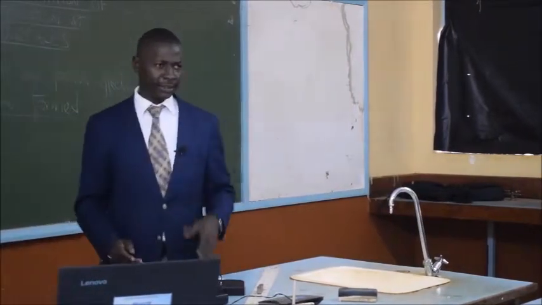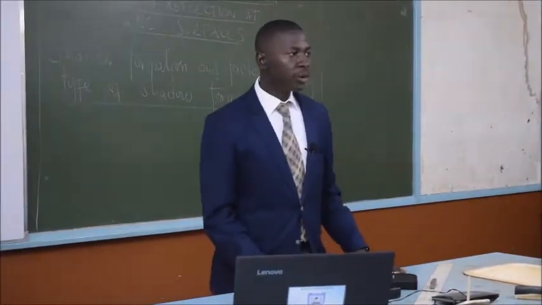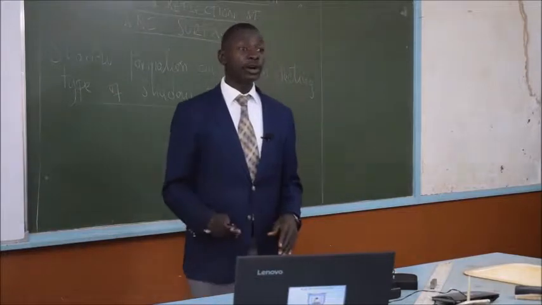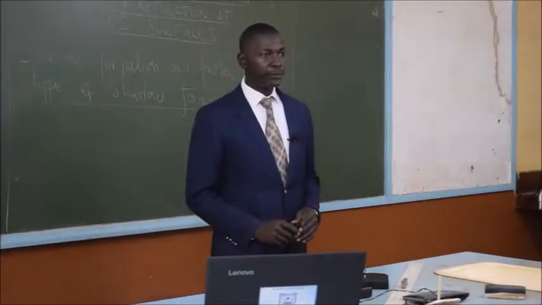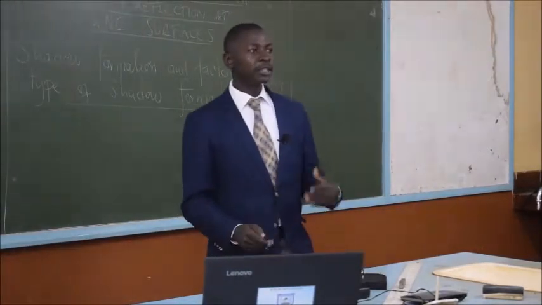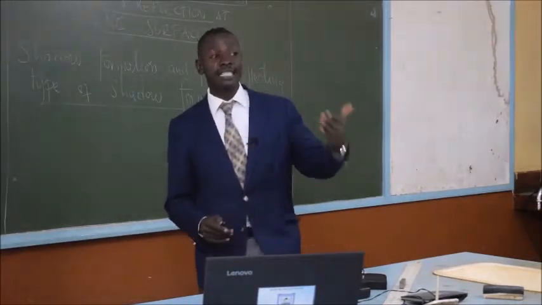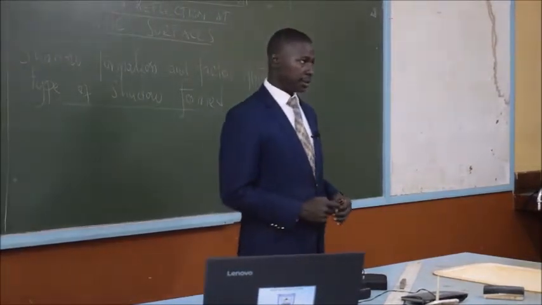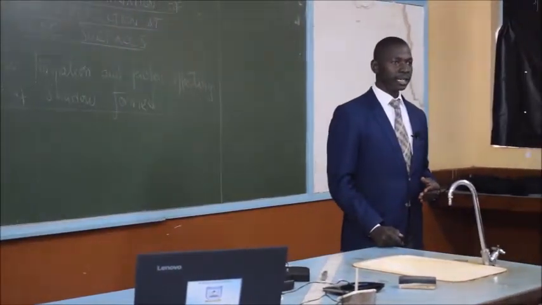So in today's lesson, we want to explore further into the concept of light and look at what we refer to as shadow formation and factors affecting shadow formation. Now, shadow formation is a continuation of the rectilinear property of light, as we shall see. It is proved that light indeed travels along a straight line.